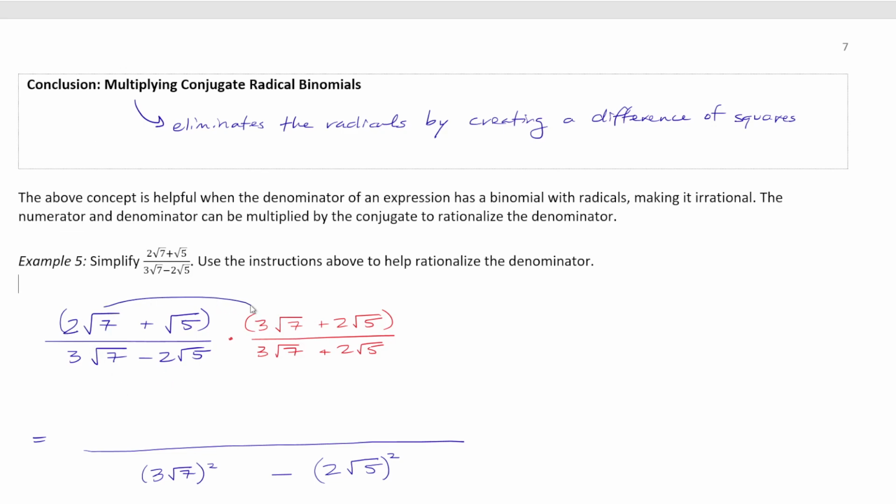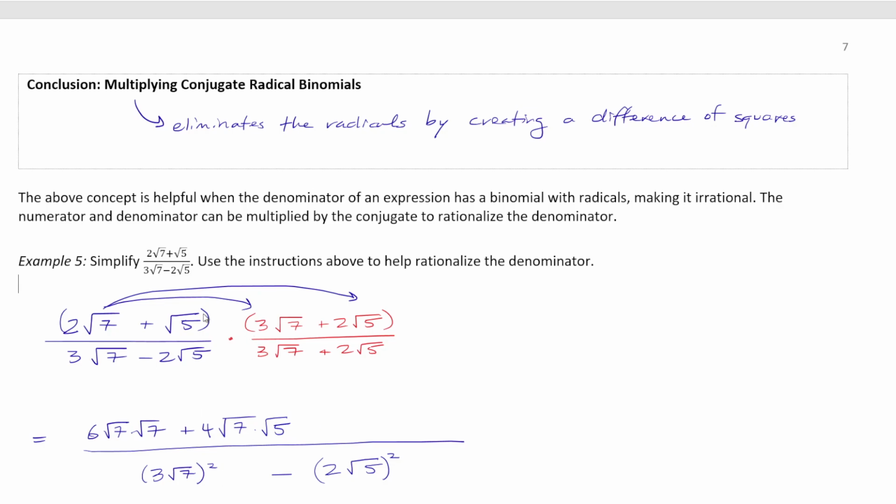Multiply these two. 2√7 times 3√7 is the same thing as saying 6 times √7 times √7, since 2 times 3 is 6. 2√7 times 2√5 is the same thing as saying 4 times √7 times √5.